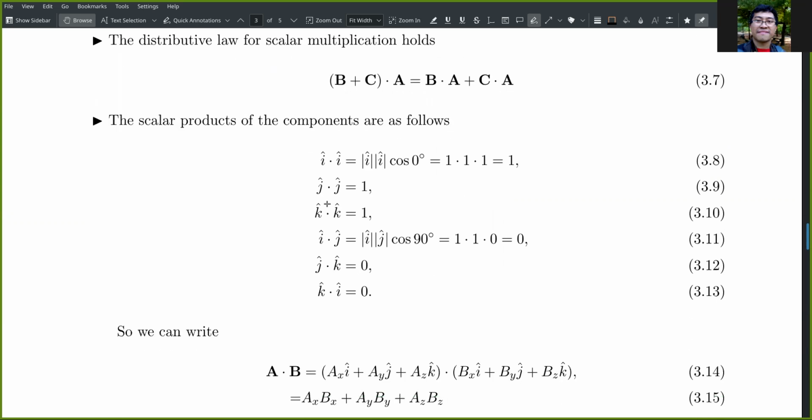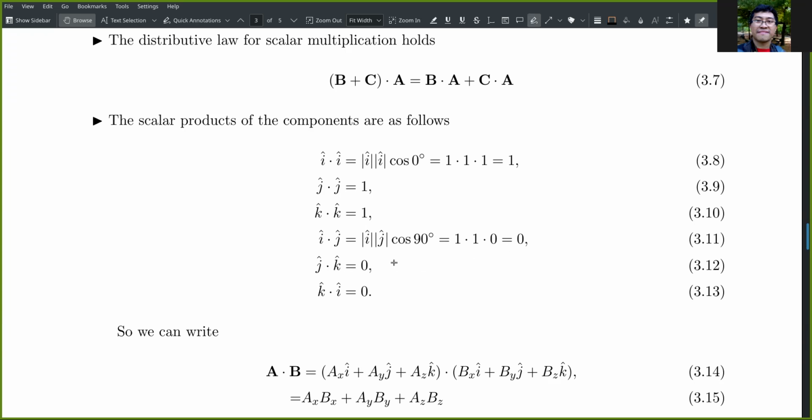For the unit vectors, let's say i dot i is the magnitude of i times the magnitude of i times cosine of the angle between the two, which is 0, so cosine 0 is 1. 1 times 1 times 1 is 1. The same goes for j hat dot j hat, and k hat dot k hat. But for the scalar product of two different unit vectors, the angle between them is 90 degrees, so the answer is 0.